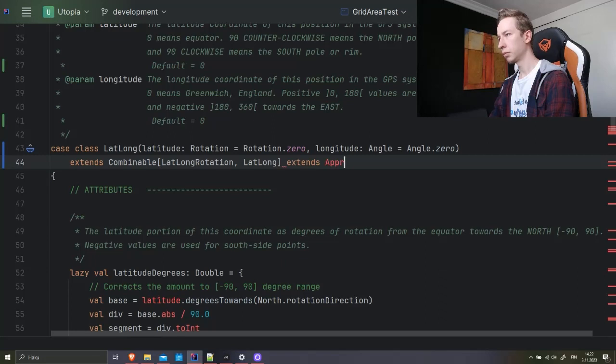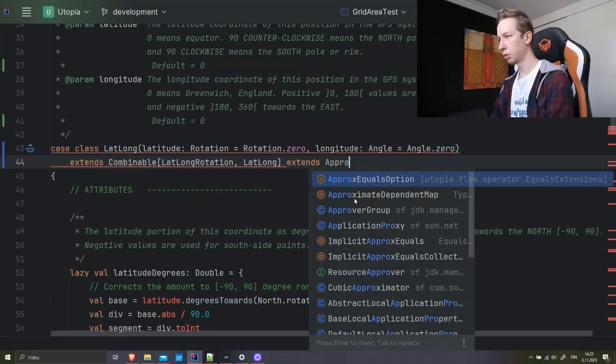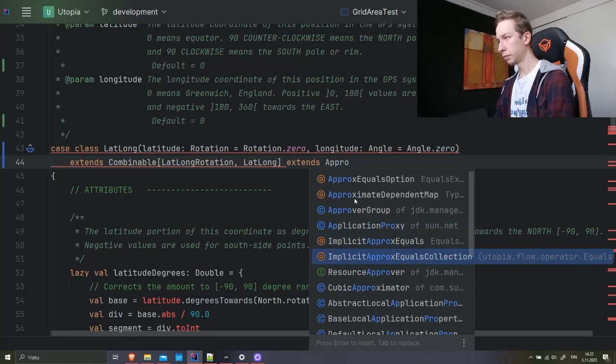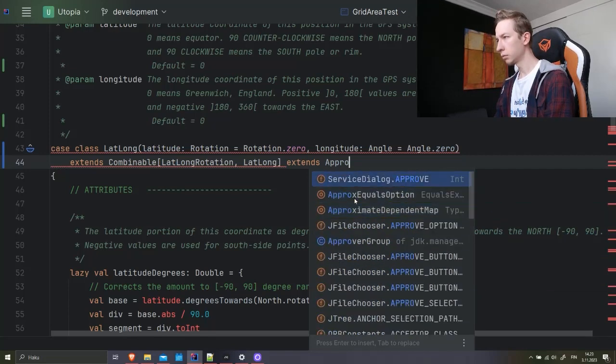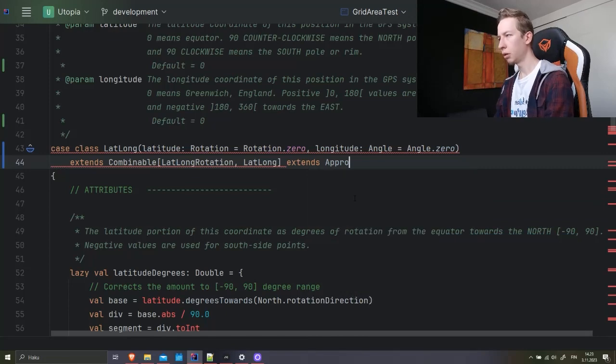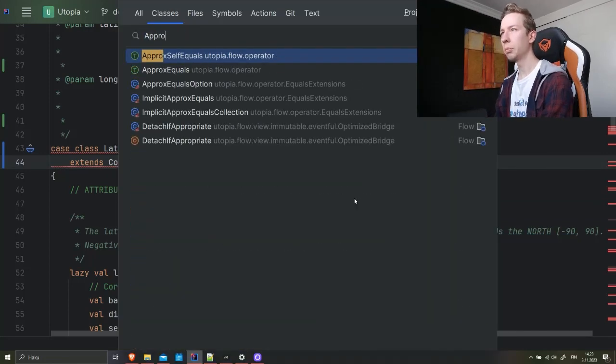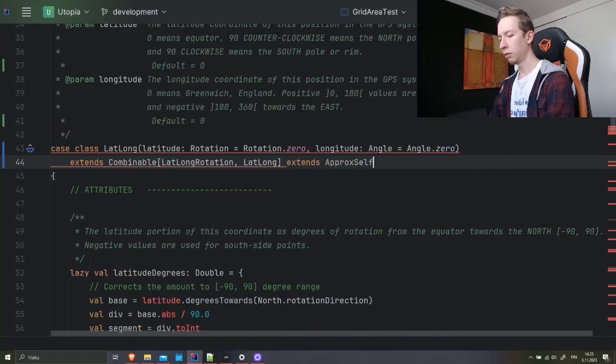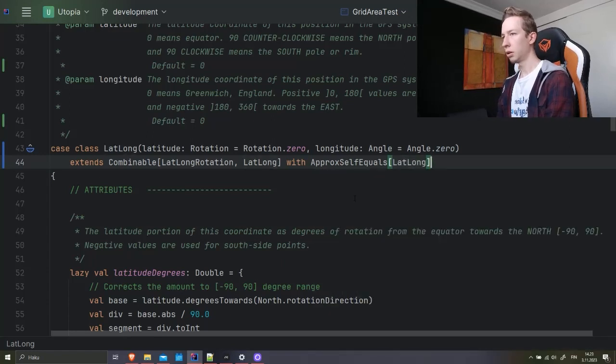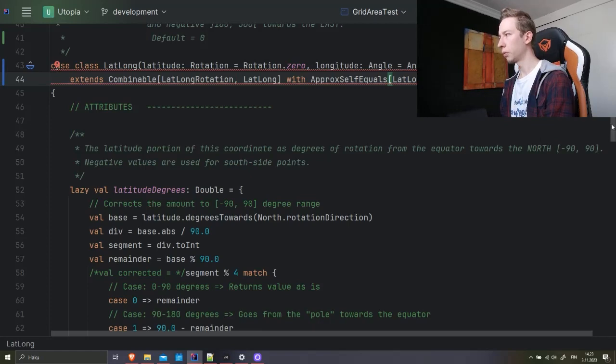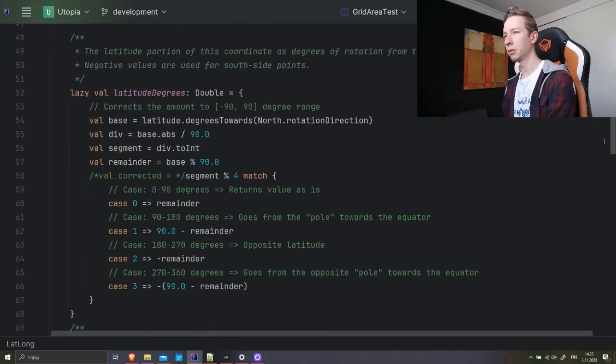Come on. However, approx equals, approx self equals. I wonder why I didn't find it. Oh, because I used extends and not with. So with approx self equals lat long. Okay. This adds support for this kind of almost equals function.